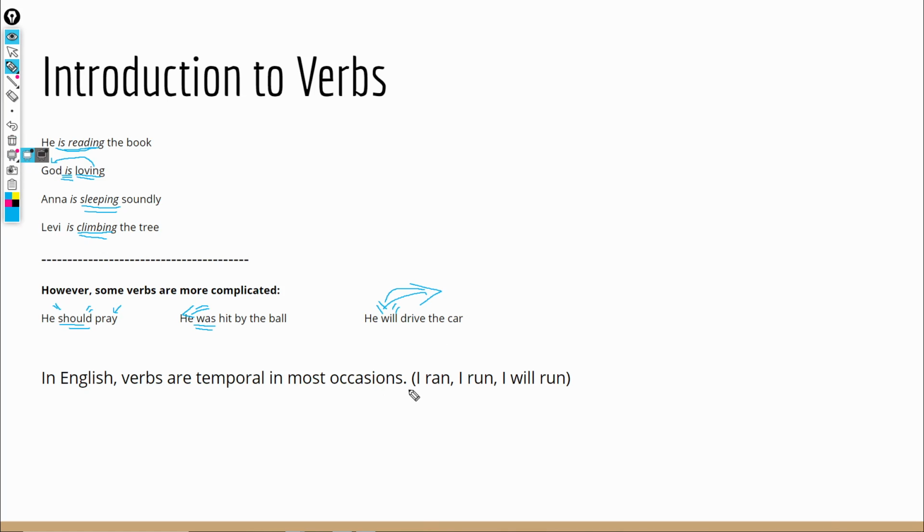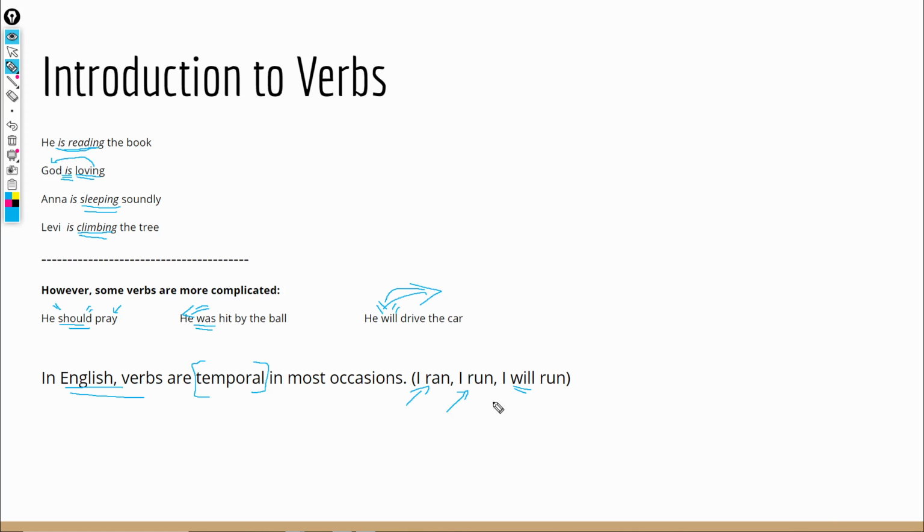So as I say down here, in English, verbs are often temporal. This is the key word. Temporal simply means that they say something about the time in which they occur. Example, if I were to say I ran, that's in the past. Or I run, that's in the present.